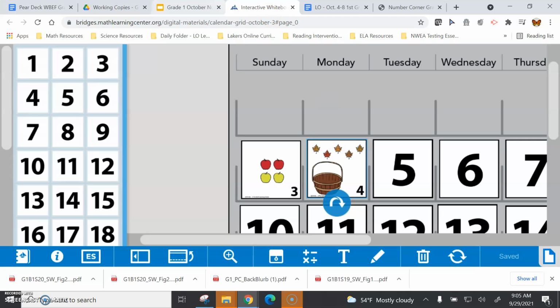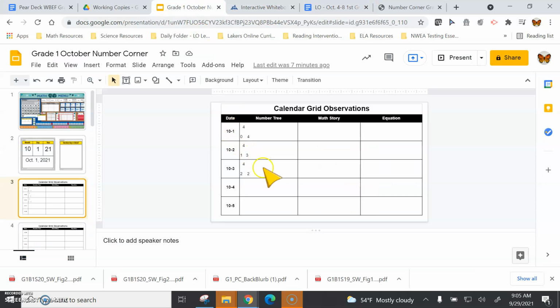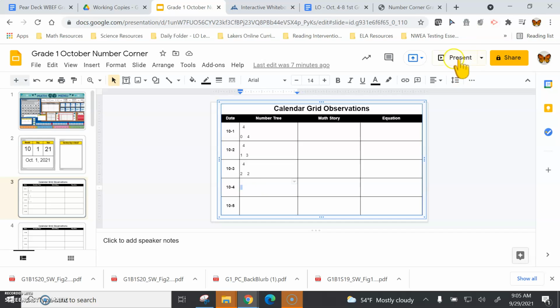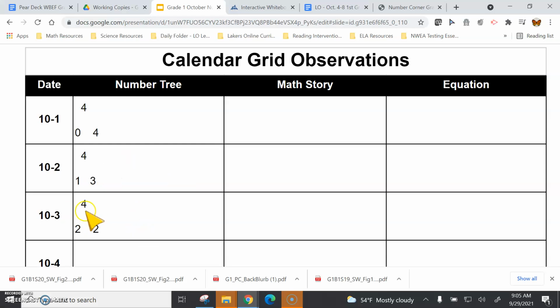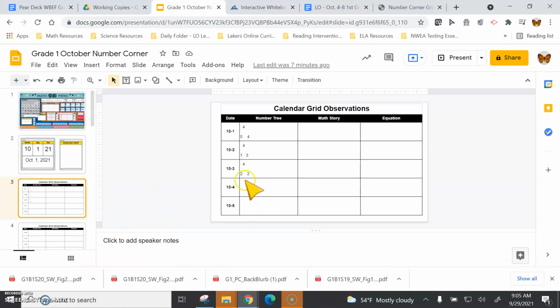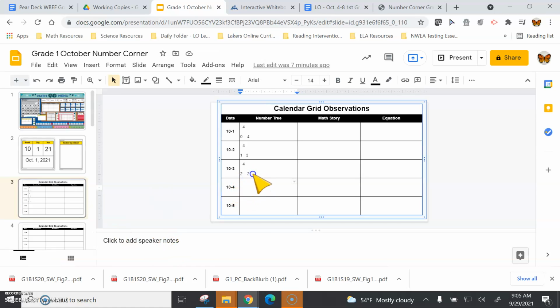I think so too. Why don't we look at our calendar information here, and we can actually prepare another number tree to put here. We can put 5 at the top.